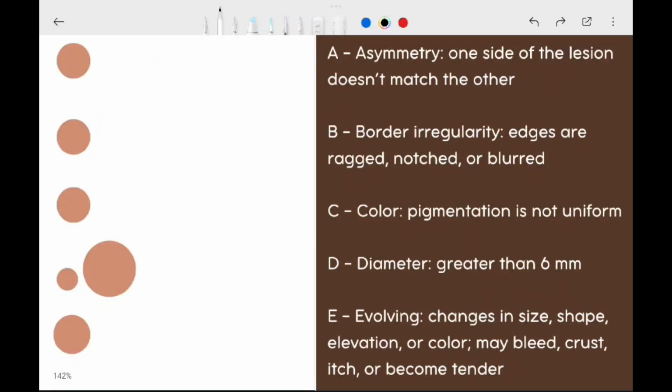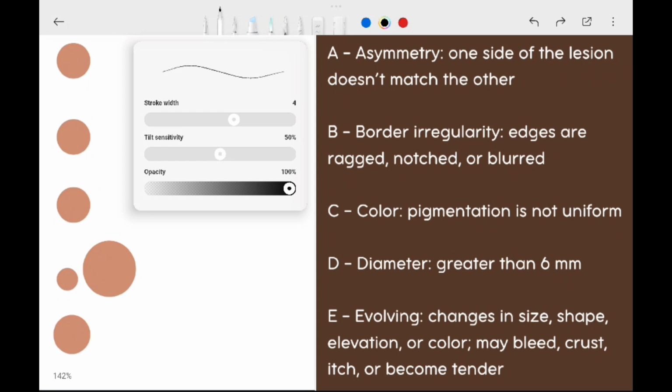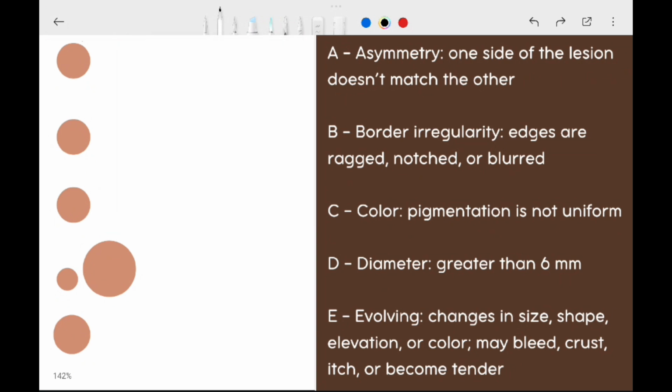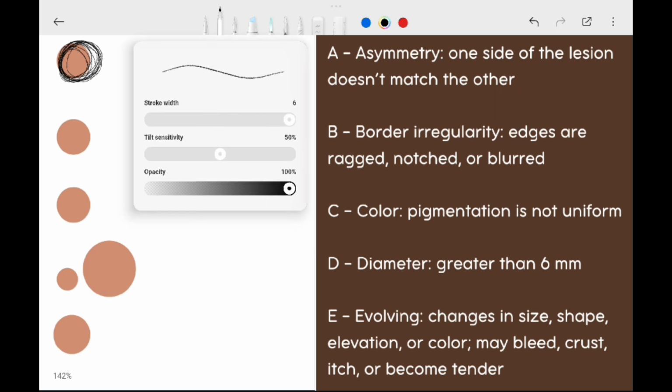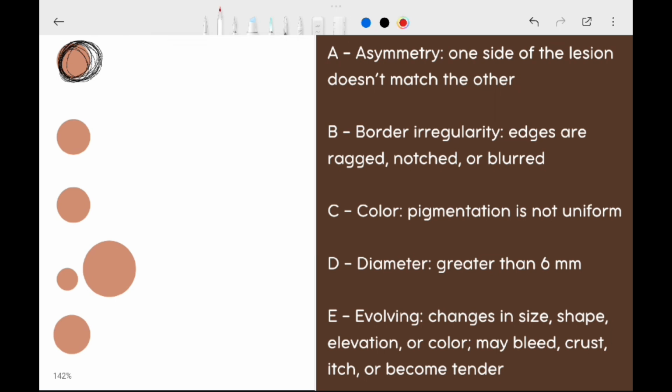So for asymmetry, assuming this is our normal mole, it is a circle here. For example, it's a circle, no? And then, if I were to cut this in half, both sides should look identical.